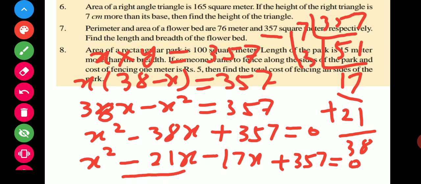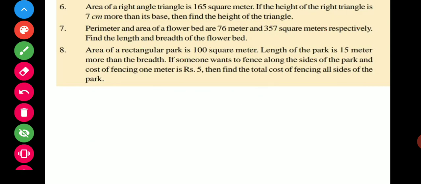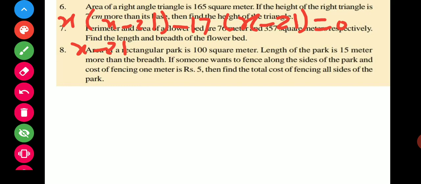From these two, x has to be common, and from here 17 has to be common with a minus sign. So we will see once again. x as a common, so we get x minus 21, and minus 17 is common, so we get x minus 21 equal to 0. So x minus 21 in one bracket, and x minus 17 is equal to 0.